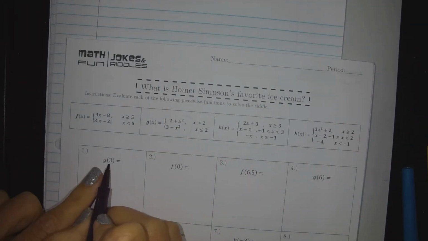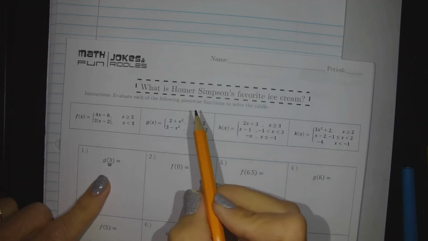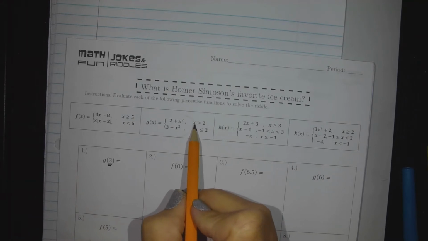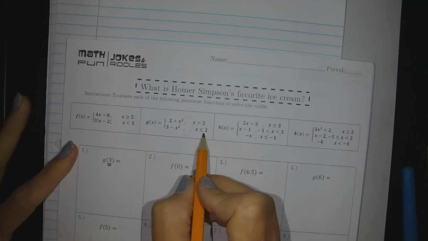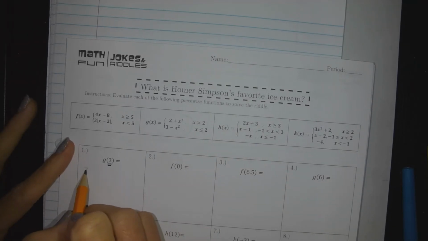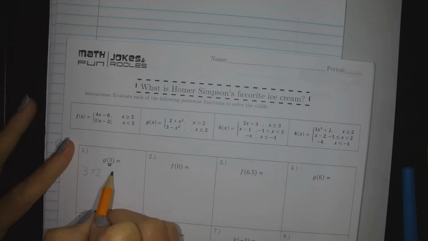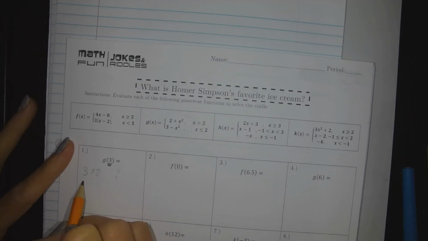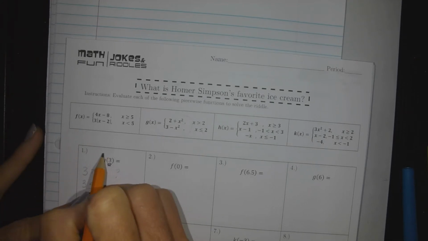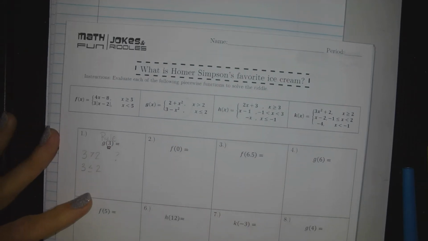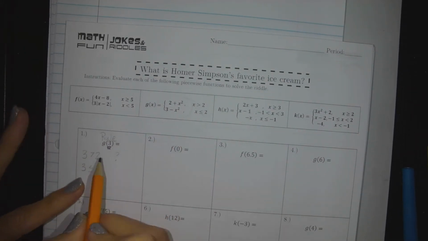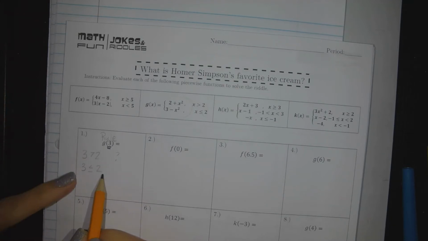The rule is we have two ranges: x is greater than 2, x is less than or equal to 2. So let's look at, is 3 greater than 2? Or is 3 less than or equal to 2? This is the rule, okay? So we need to figure out which equation we put it in.